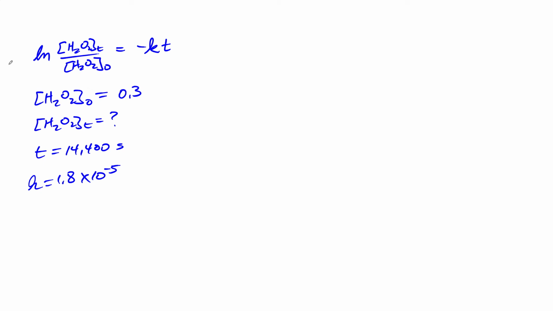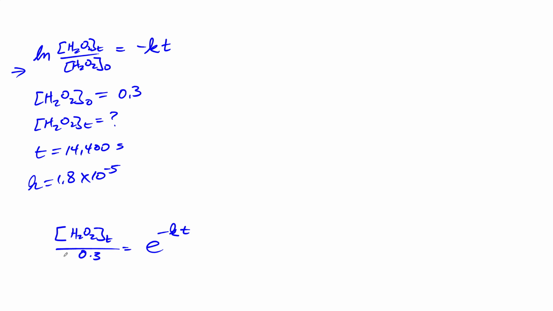Now, to get rid of the natural log, raise both sides as a power of e. So you have the concentration of H2O2 at time t versus 0.3 is equal to e raised to the minus k times time.